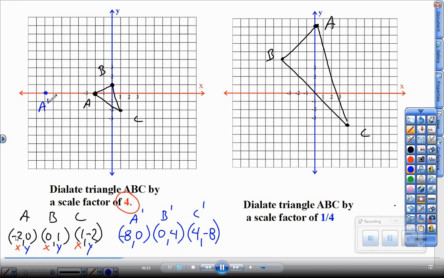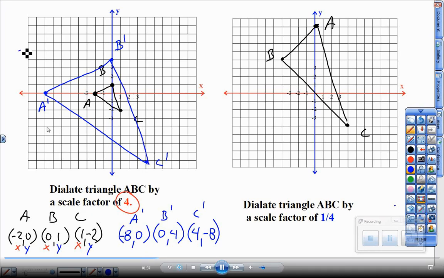So timesing every number here by 4 gave me -8, 0 for A prime. Gave me 0 for x, 4 for y for B prime. And then 4 for x, down 8 for y for C prime. And you could see that triangle there is an expanded form of this first one.